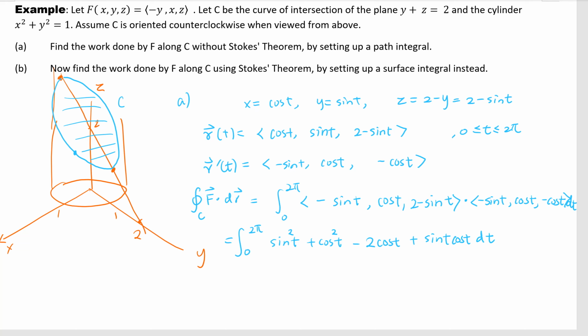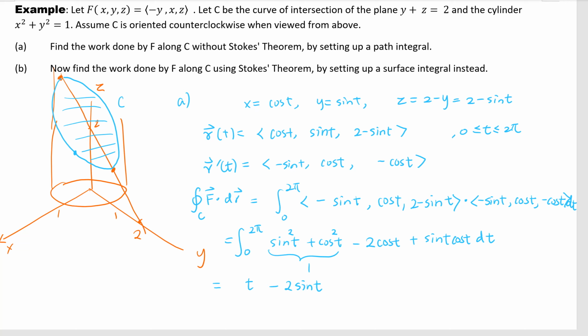Alright, and now you can see sine squared plus cosine squared is 1. So the integral of 1 is t. The integral of cosine is positive sine, right? So we have minus 2 sine t. And let's separate them. How do we calculate the integral of sine t cosine t?